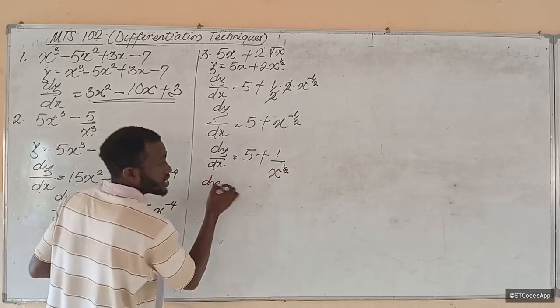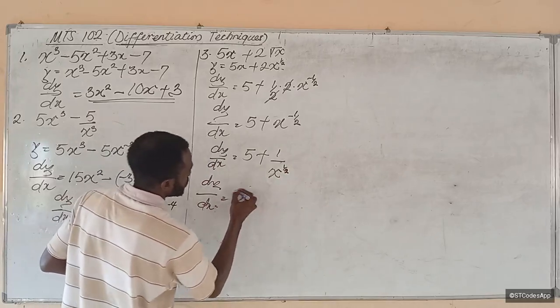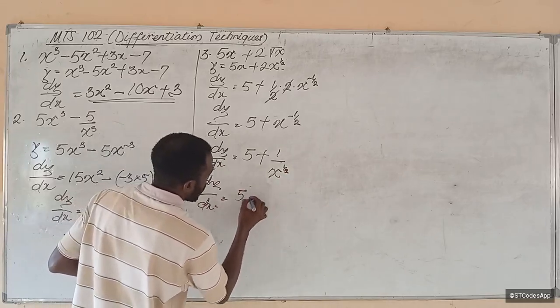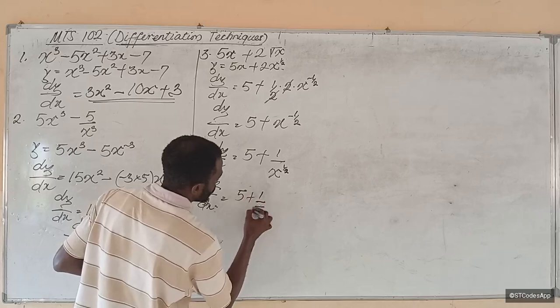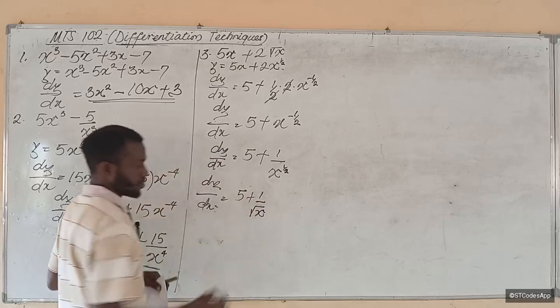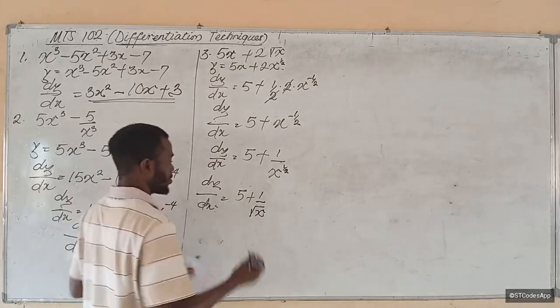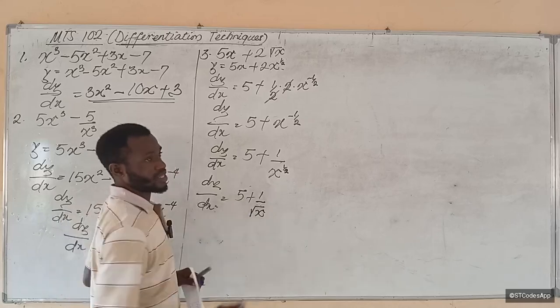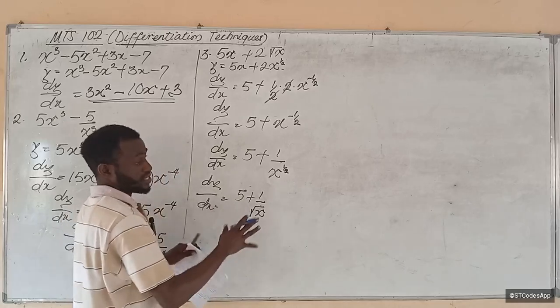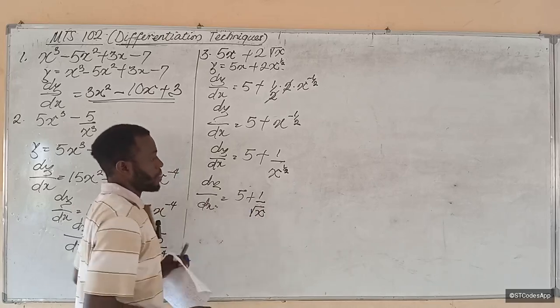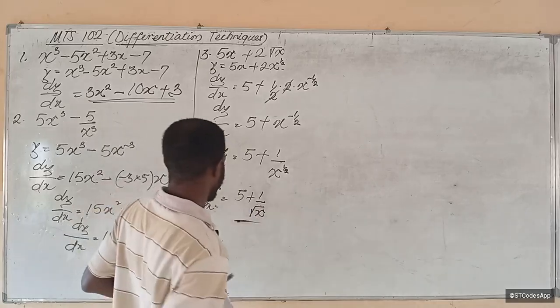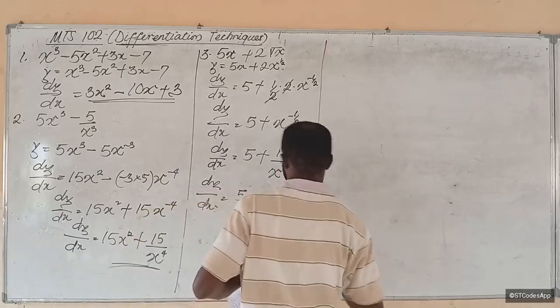Then I can rewrite this as dy dx equals 5 plus 1 over root x. You can make this into a single fraction if you wanted, so you just take LCM and all of that, but I want to leave it this way. Is that clear? All right. So that's going to be number 3 answer.